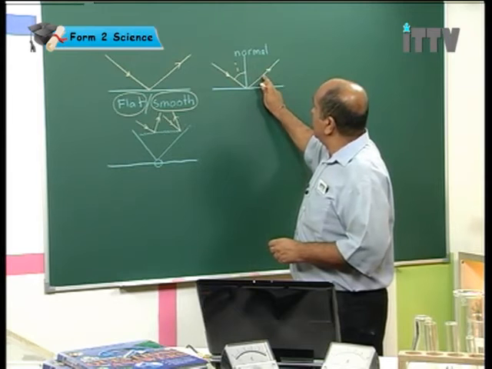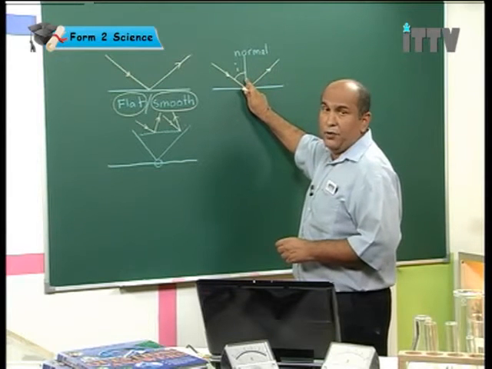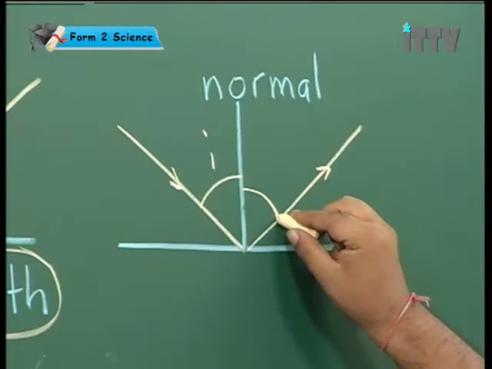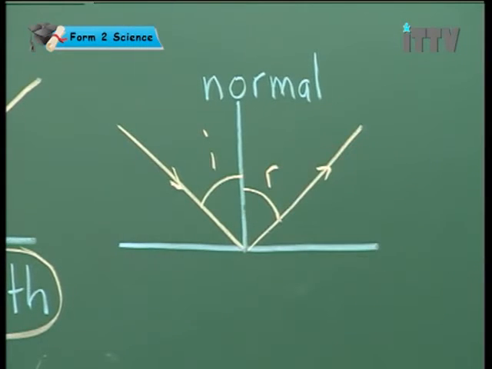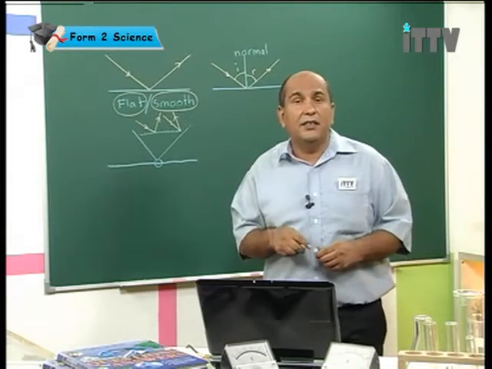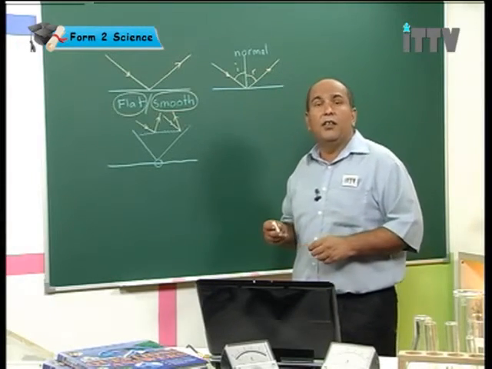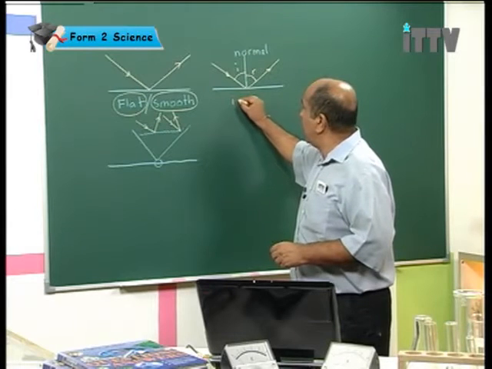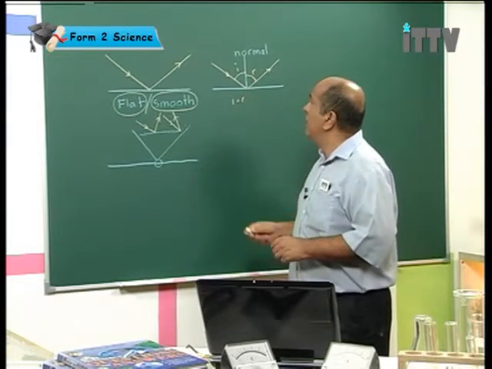This ray produces an angle with the normal over here. This is called the reflected angle. The angle of incidence is equal to the angle of reflection. I equals R.